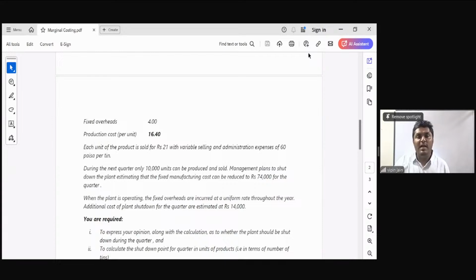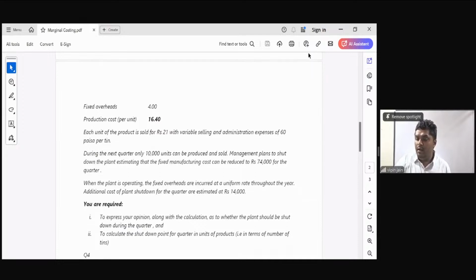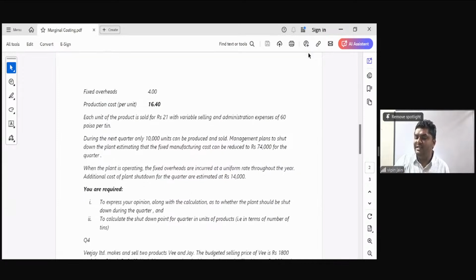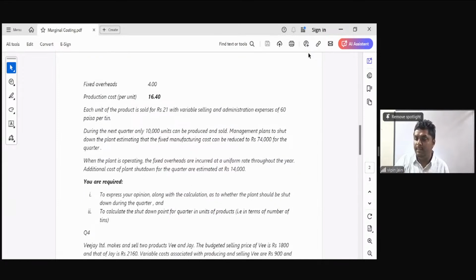So if they shut down the plant, the fixed manufacturing cost can be reduced to 74,000 for the quarter. They are talking about the quarterly data only. When the plant is operating, the fixed overheads are incurred at a uniform rate throughout the year. Additional cost of plant shutdown for the quarter is estimated to be 14,000.